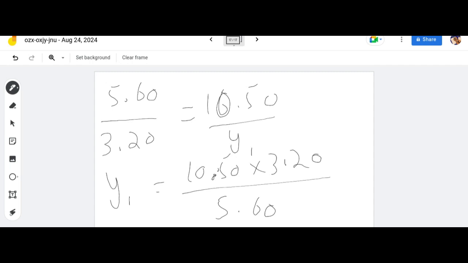The same goes for the second part. Do this. Six. Yes, correct answer.